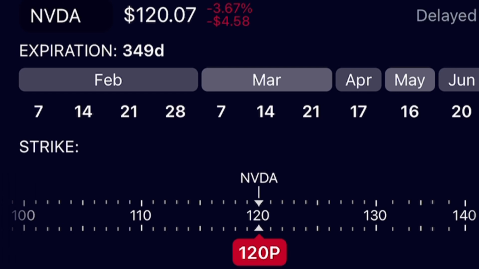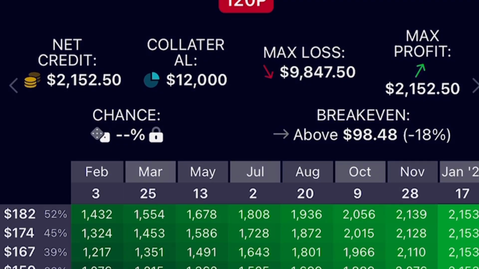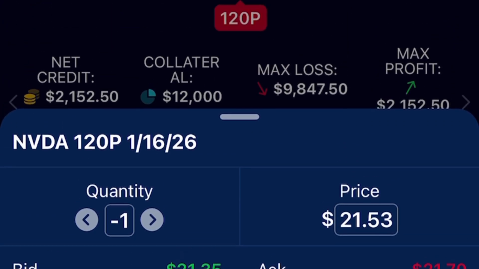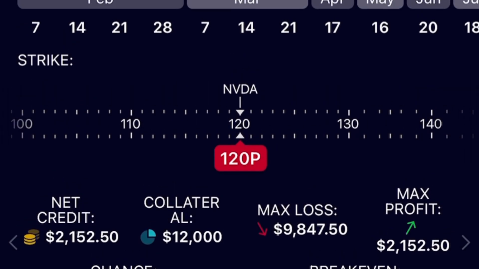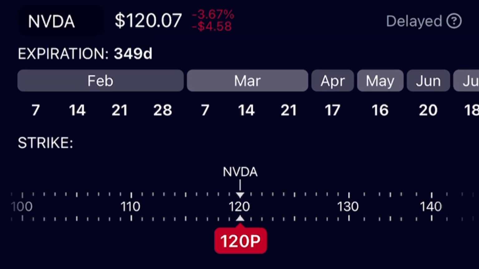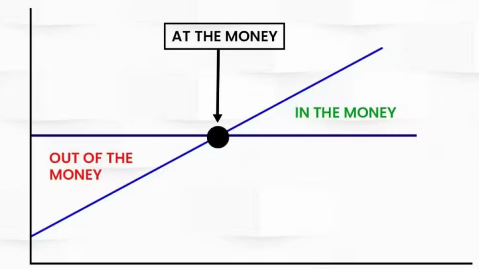Okay, so once I have added the position, we'll next look at the delta and the strike price that we want. For this, we don't have to do anything special because the strike price that I actually want is the at-the-money strike price because it gives me the most amount of premium. But of course, you can also get in-the-money puts.